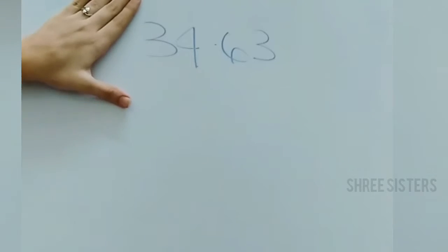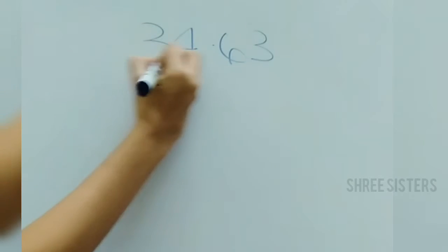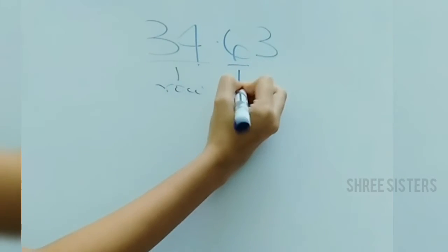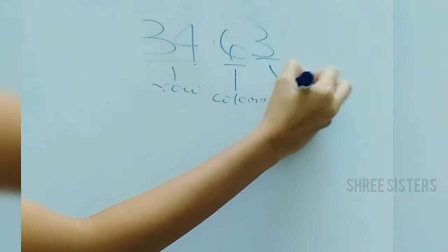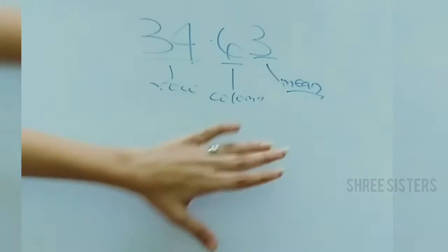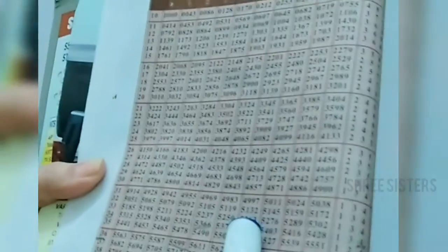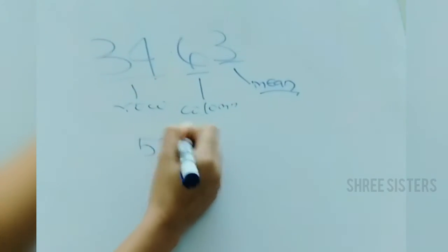The second example we are going to see is 34.63. The first thing we should see is the first two digits. That will be the row, the third digit will be our column, and the fourth digit is the column we'll see for the mean difference, and then add them both. For the number 34, in column 6, the answer is 5391.